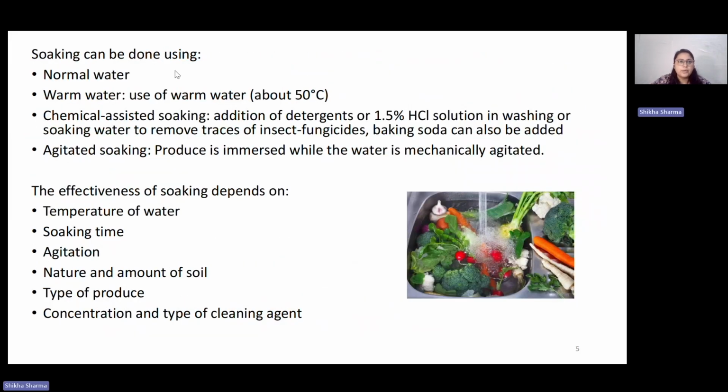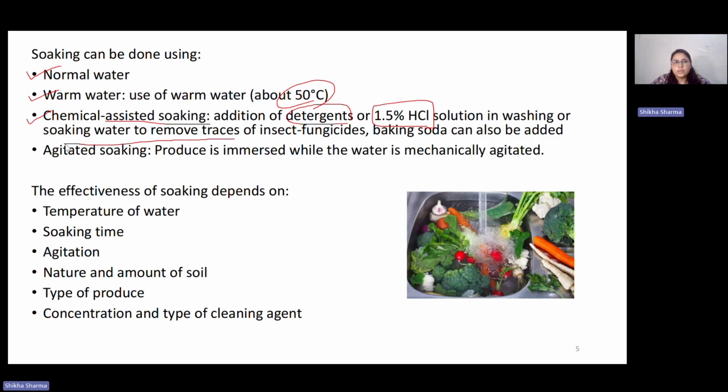Soaking can be done using several different methods, like soaking in normal water, or in lukewarm water, a little warm water, say 50 degrees Celsius. Chemical-assisted soaking can be done with the addition of some detergents or 1.5% HCl solutions.